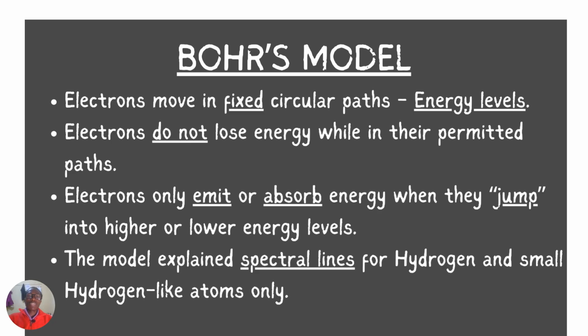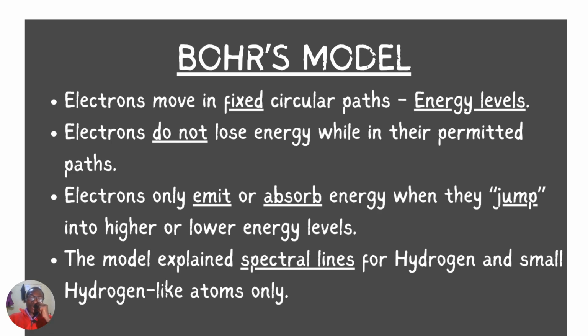So Bohr came with the next model, and he said, number one, that electrons move in fixed circular paths, which he called energy levels. That was just a postulate. He just put that forward. He also proposed that electrons do not lose energy while in the permitted paths.